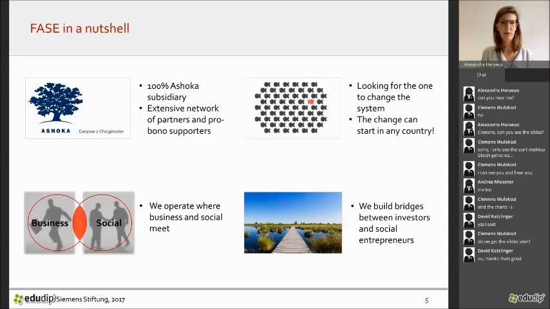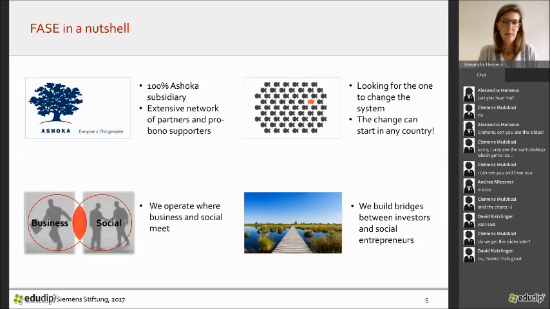The organization that I'm working for is called Phase. That's the abbreviation for Financing Agency for Entrepreneurship. We're located in Germany, in Munich and Düsseldorf, and we're a 100% Ashoka subsidiary company.